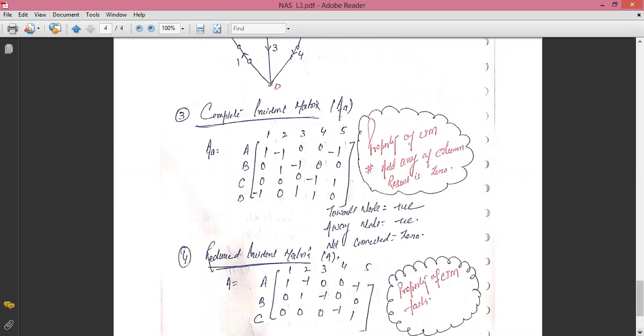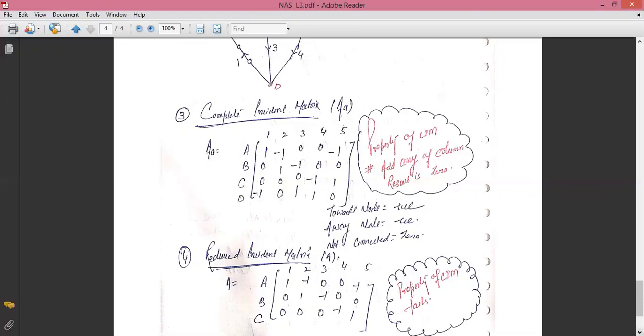That means we delete the last node, the last row, and the resulting matrix is called the reduced incident matrix, that is only A, B, C. Those entries which come in the D row, the last node, are omitted. By this means, a circuit can be converted into a reduced incident matrix.